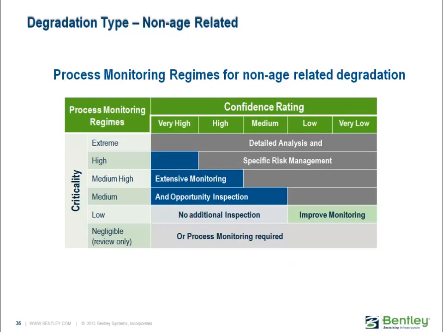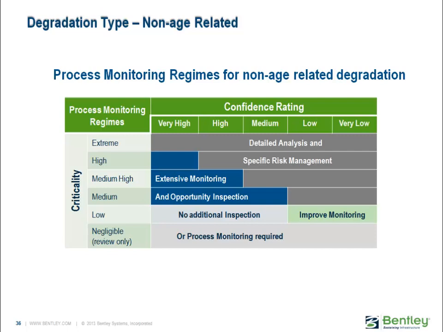A non-age-related or random degradation type is a degradation type that is more dependent on process conditions and generally is associated with excursions outside the integrity operating window. It's very difficult to establish a time-dependent corrosion or degradation rate.